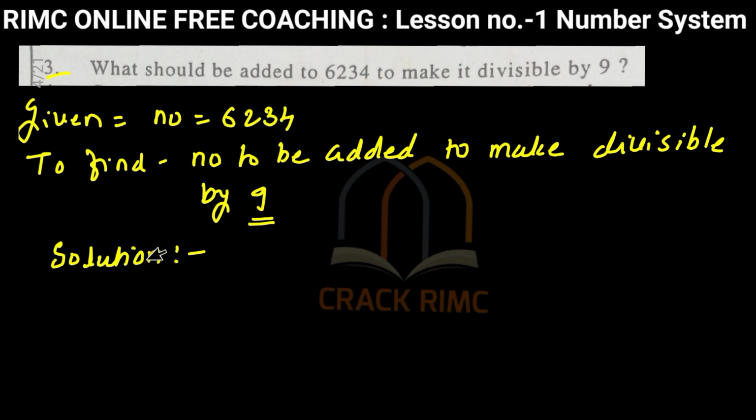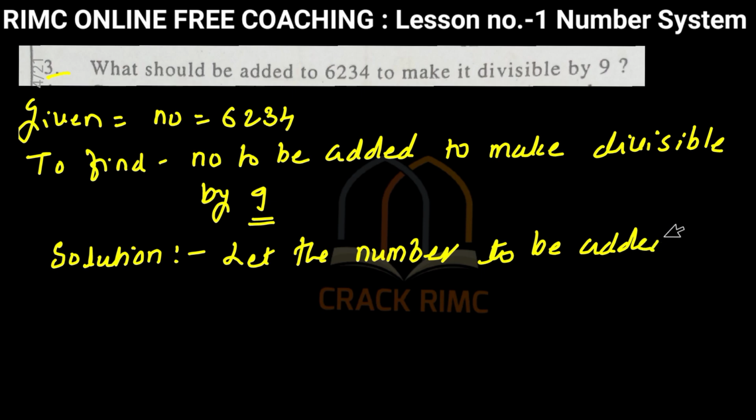Okay, so for the solution we will write, let the number to be added be x. We will consider that number as x. Then what we will do? We will add all the digits plus this x, and that should be a multiple of 9.